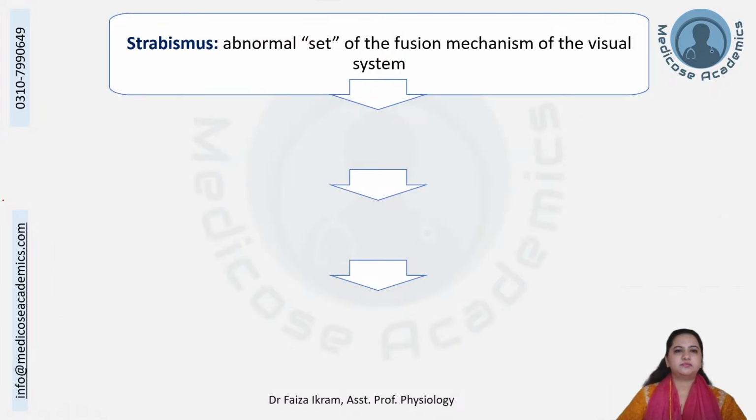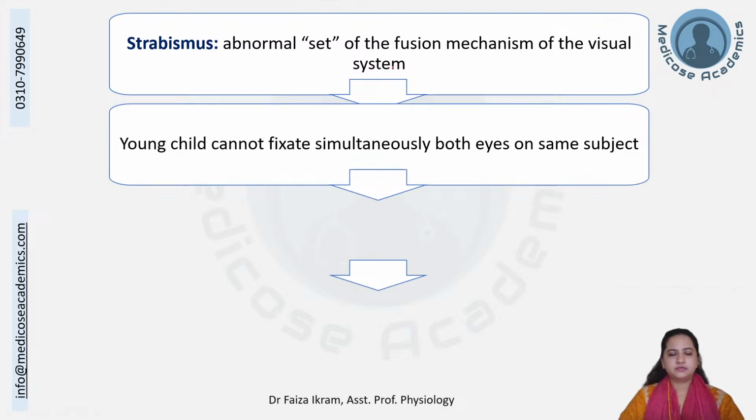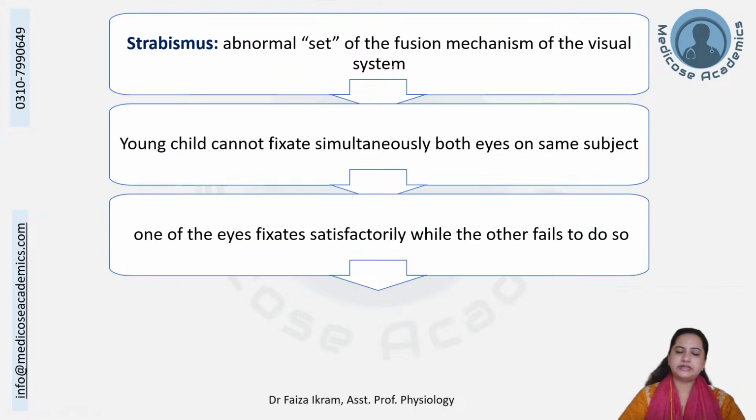What happens? It starts with an abnormal set of fusion mechanisms of the visual system for both the eyes. Ultimately, the child cannot fixate simultaneously with both eyes on the same subject. The result is one of the eyes will fixate satisfactorily and the other will fail to do so.